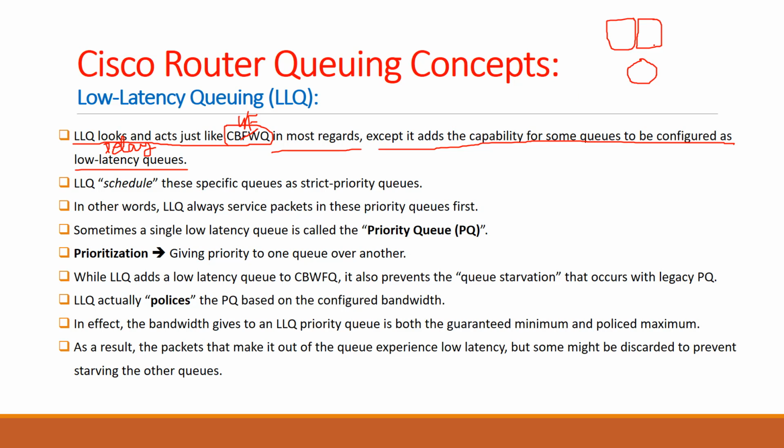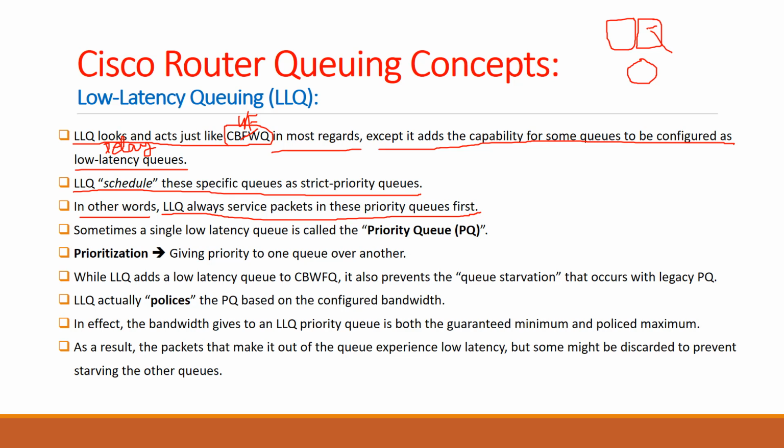Using LLQ, you can give some feature to one queue over another. And LLQ schedules these specific queues as strict priority queues. In other words, LLQ always serves packets in these priority queues first.